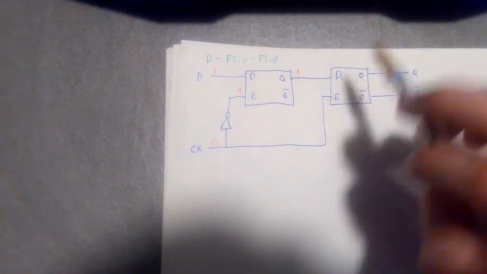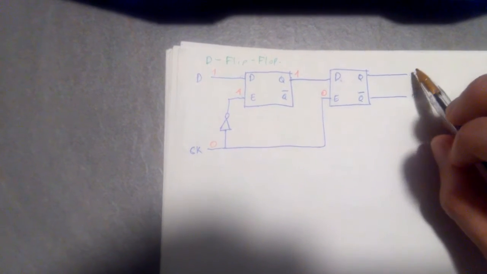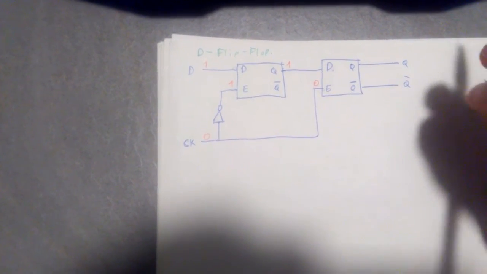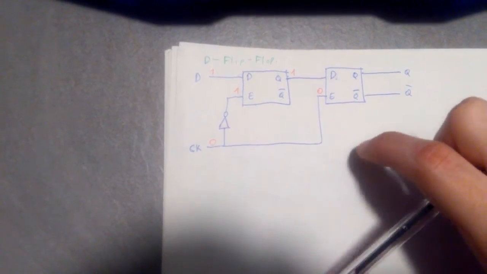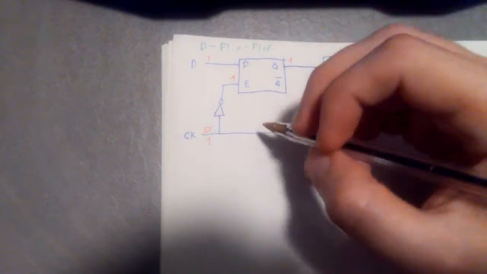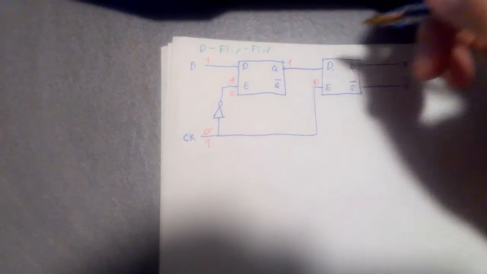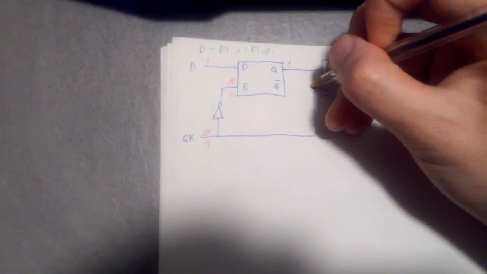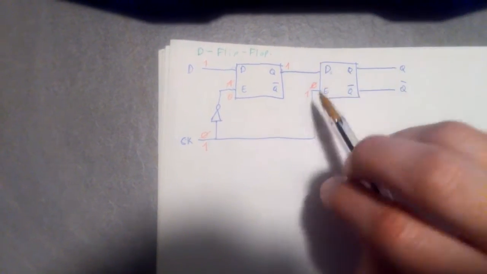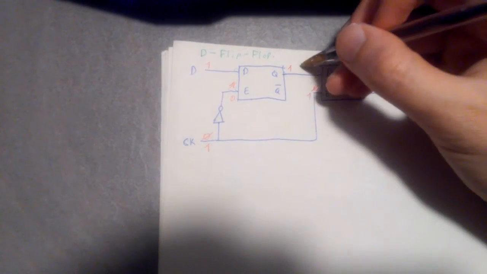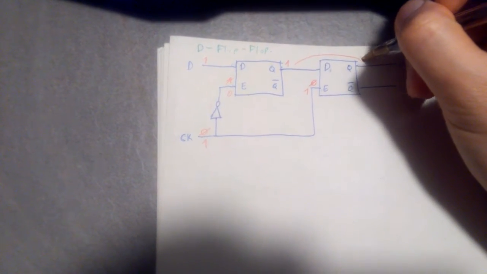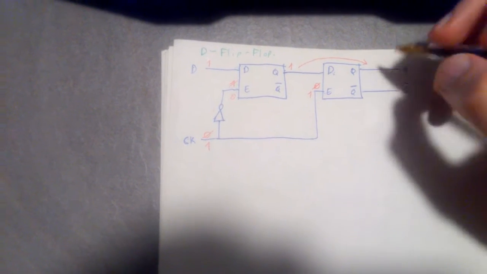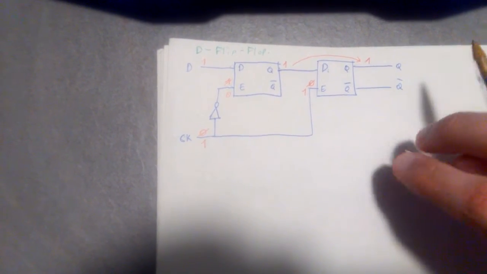But the enable here is 0, so the output is still going to be the old value. What you have to do is then set this pin to 1, so this one goes to 0, and this one goes to 1. At this point, the data is forwarded to Q, so it's 1.